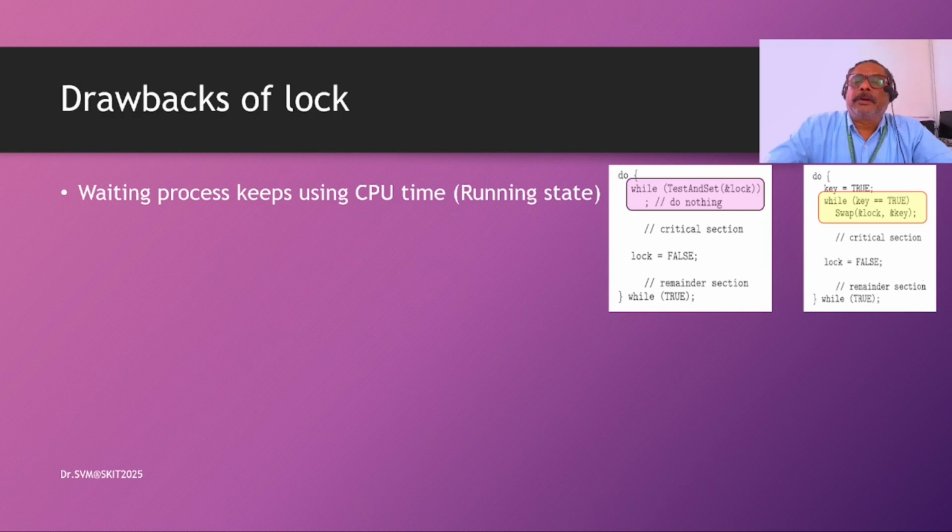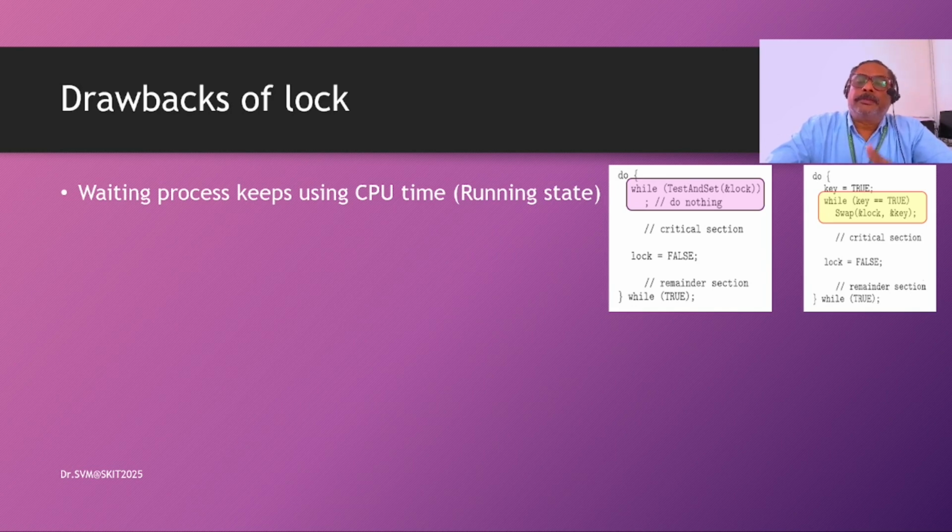And as long as the process is in this while loop, definitely the CPU is being used because the process is in the running state. We did not change the state of the process from running to either ready or waiting, but we made it wait.